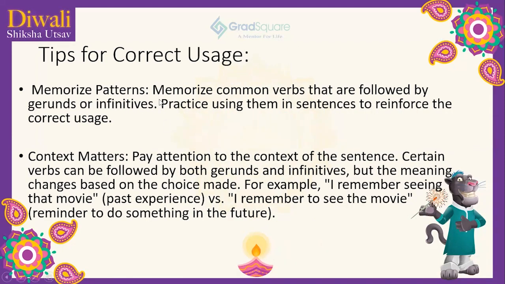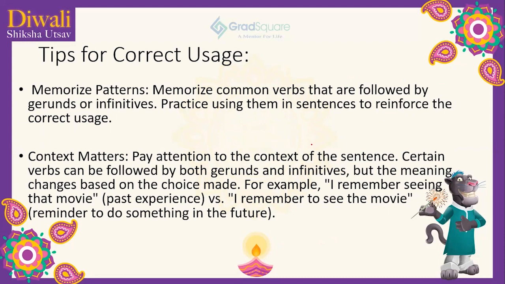Now, moving on to some tips about gerunds and infinitives. Like I mentioned before, we should memorize some of the common usages of verbs, so that we'll be able to use gerunds and infinitives correctly. For that, we have to practice and use them in sentences to reinforce the correct usage. Also, the context always matters, so we need to pay attention to the context of a given sentence.